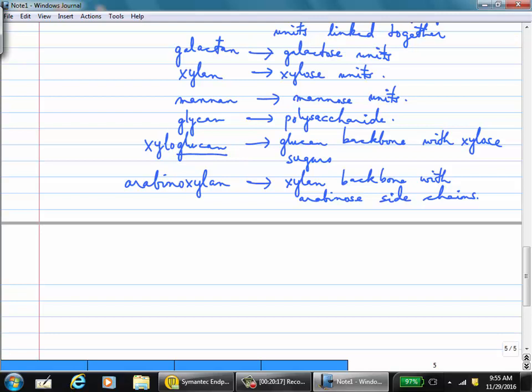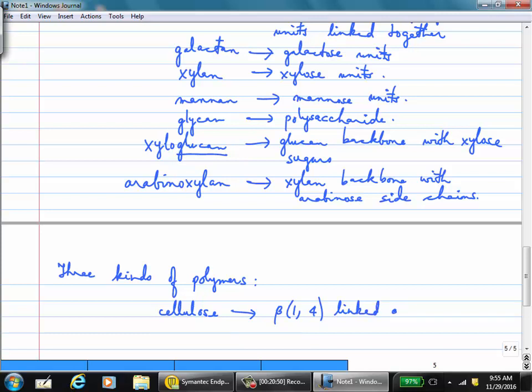Now, if you look at the cell wall, there are three kinds of polymers that are involved. One of them you said already is cellulose, another one is called pectin, and another one is hemicellulose. So three kinds of polymers. One of them is cellulose, and this is made up of what are called beta 1,4 linked glucan.